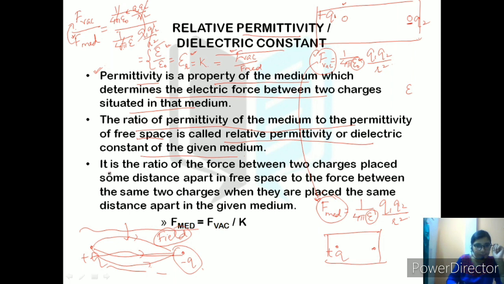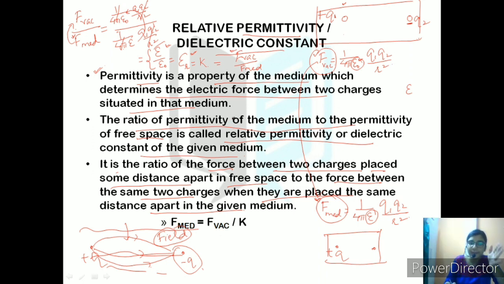So this is the second definition. It is the ratio of the force between two charges placed some distance apart in free space, that means vacuum, to the force between the same two charges when they are placed the same distance apart in the given medium.